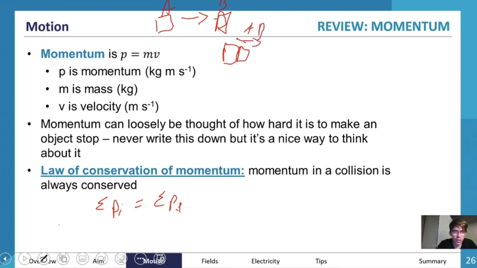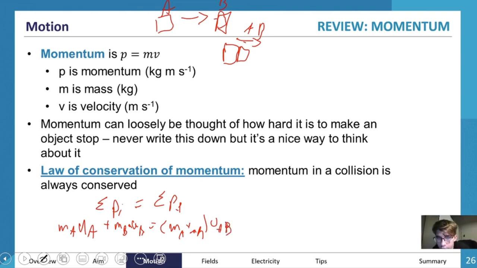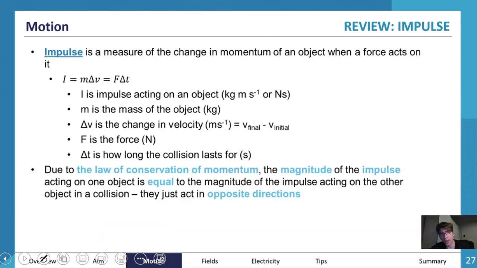So the idea is that mass of A multiplied by initial velocity of A plus mass of B multiplied by initial velocity of B is actually equal to mass of A plus mass of B multiplied by the velocity of both, right? So that is momentum, and that is the law of conservation of momentum.